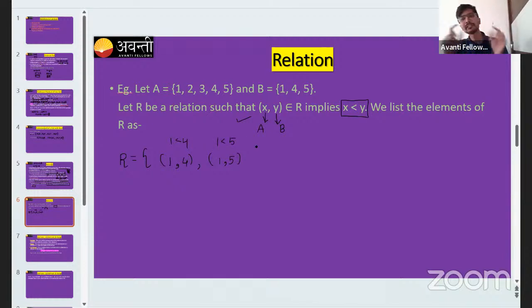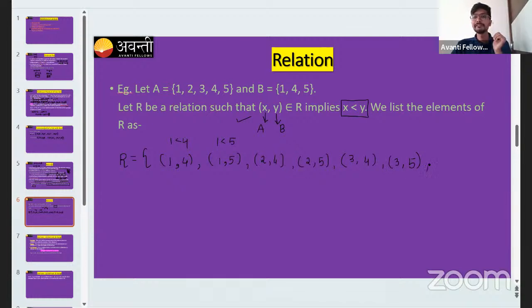So basically, I am just forming a relation by the definition they want. There are some more ordered pairs we can form. If I take 2, then again I can write 2, 4 and 2, 5. Then if I take 3, then I can again write 3, 4 and 3, 5.